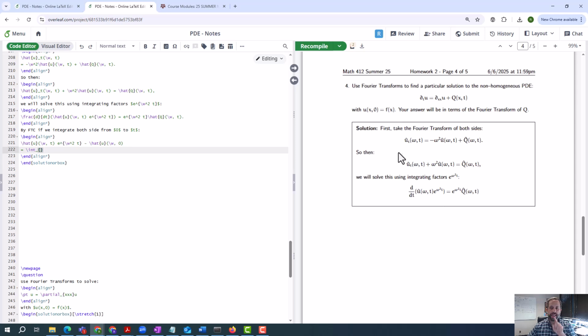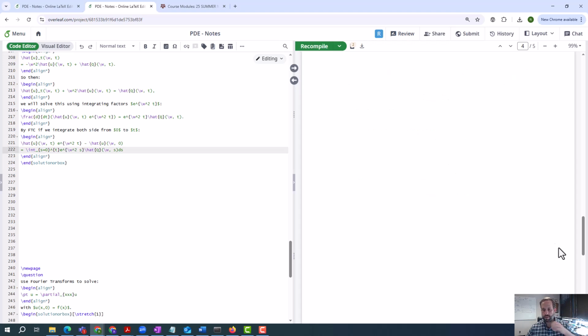Okay, so now t is my variable, so I'm going to use a dummy variable, s equals 0 to t, and we're going to integrate e to the power of omega squared s times q hat of omega, s, ds.